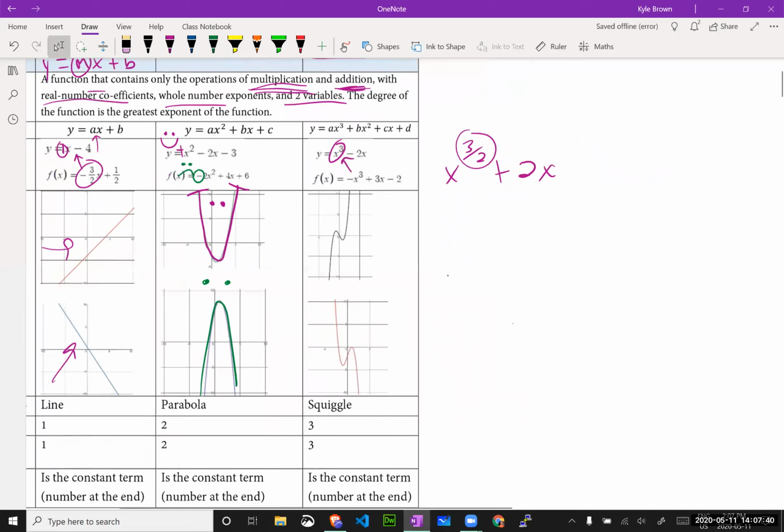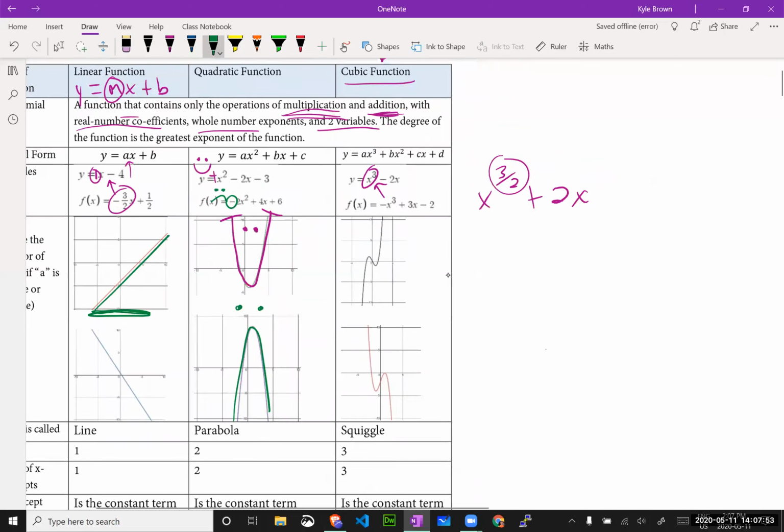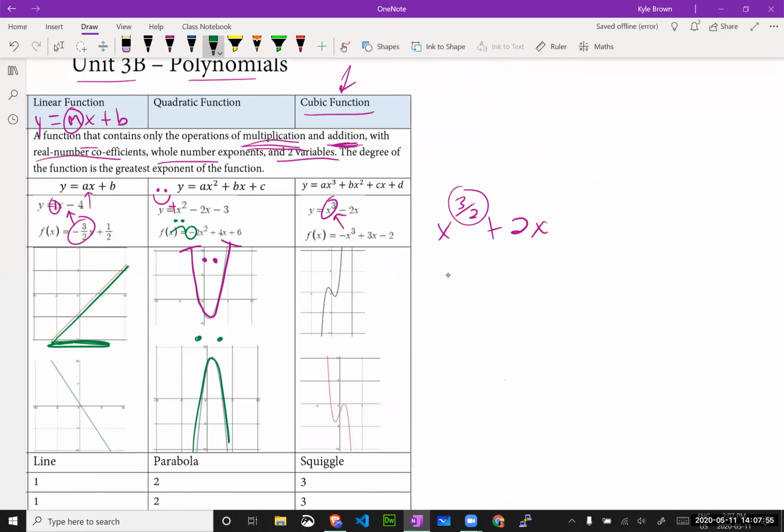Okay, so that's how you can remember those quadratic ones really easy. Now, cubic functions, the way I like to remember it, they're actually a lot like your linear ones. If it was positive out front, it would go up. Well, that's generally the way these ones are going to work too. If it's positive out front, there is a little squiggle in the middle, but in the end, the thing really does just go low and ends high.